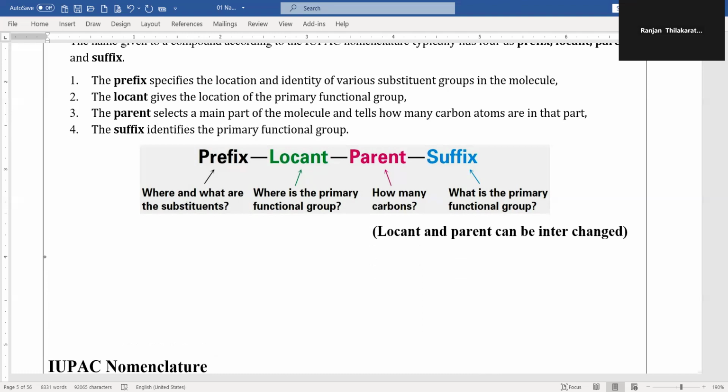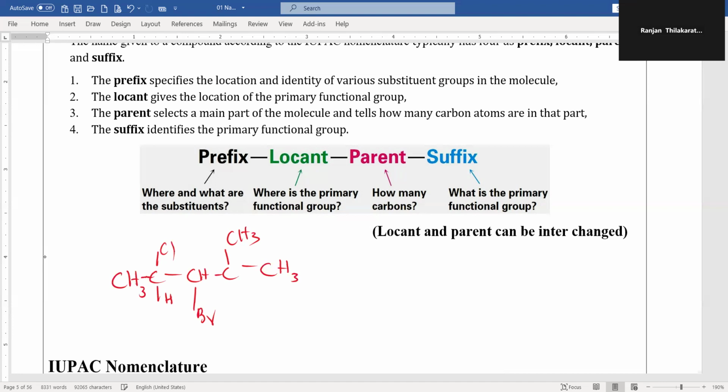Say you have 5 carbons like this, 1, 2, 3, 4, 5, and you may have chlorine here, bromine here, and CH3 groups here. And CH3, here you can put only 1 hydrogen, and here you can put another hydrogen and a CH3 group.